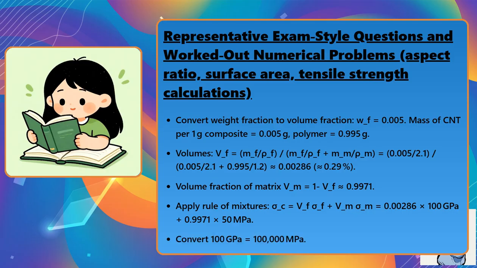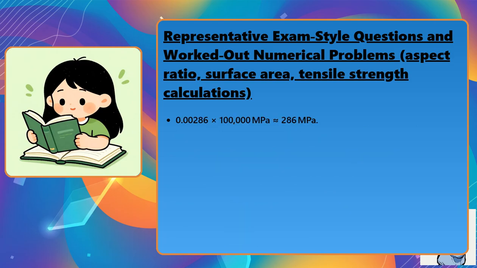Convert 100 gigapascals equals 100,000 megapascals. 0.00286 times 100,000 megapascals approximately equals 286 megapascals. 0.9971 times 50 megapascals approximately equals 49.9 megapascals. Sigma sub C approximately equals 286 plus 49.9, approximately equals 336 megapascals.